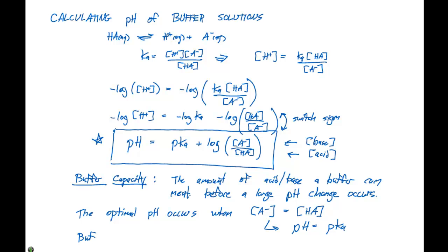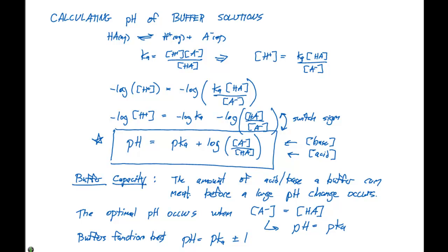And buffers function best when the pH is equal to the pKa plus or minus 1. Okay, so in terms of the optimal range, typically they operate well and function very well when the pH is equal to the pKa plus or minus 1.